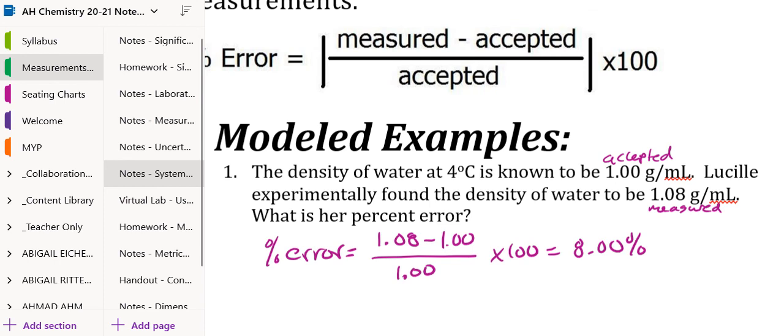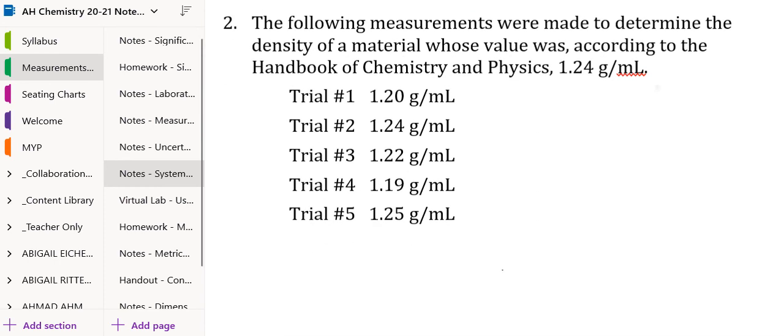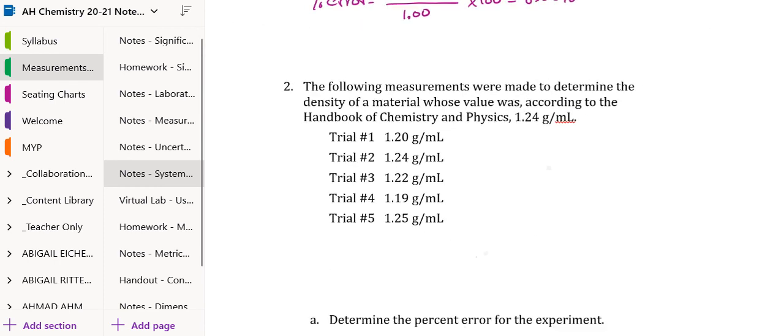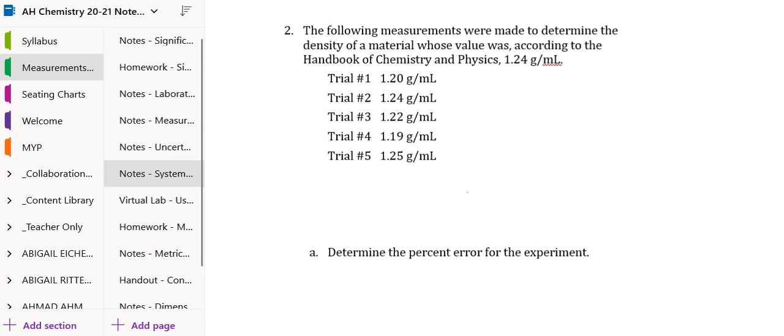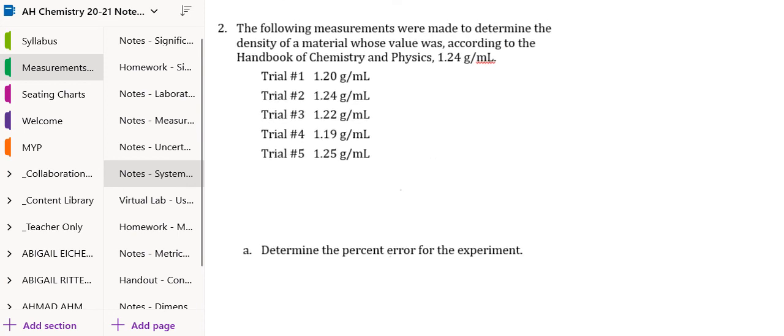Okay. Let's look at another one. This one has several parts. So we have a set of data. It says the following measurements were made to determine the density of a material whose value, according to the Handbook of Chemistry and Physics, was 1.24 grams per milliliter.